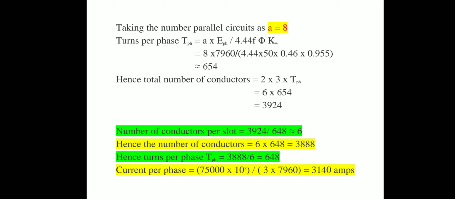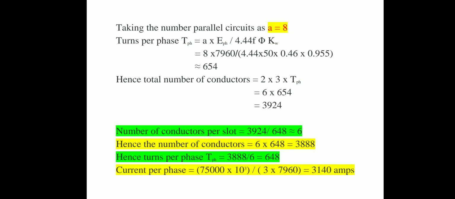So turns per phase TPH is equal to A into EPH divided by 4.44 f phi Kw. You can take A equal to 16 also, or 4 also, or 6 also. Just for your knowledge, you can calculate by keeping A equal to 6 or 10 or 12. I have taken here A equal to 8.